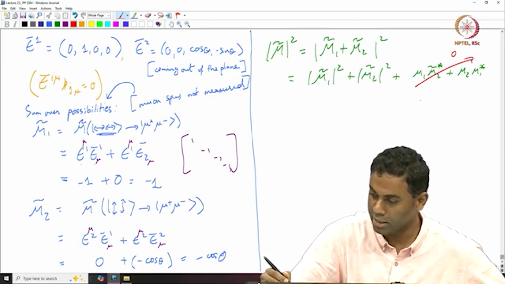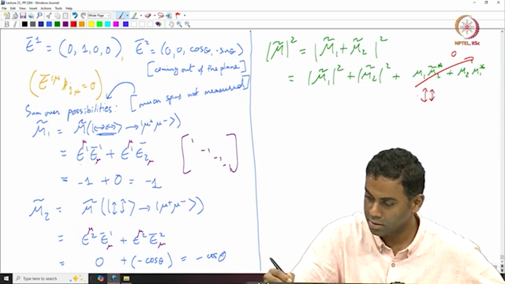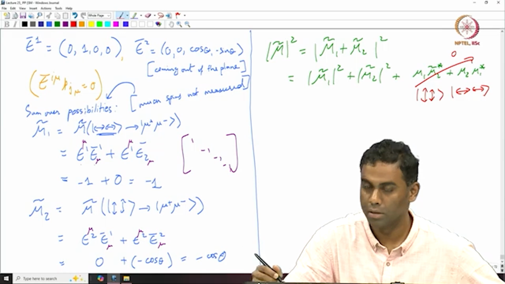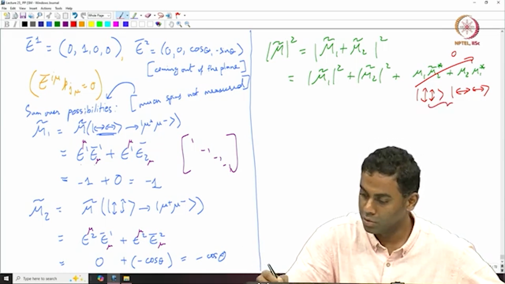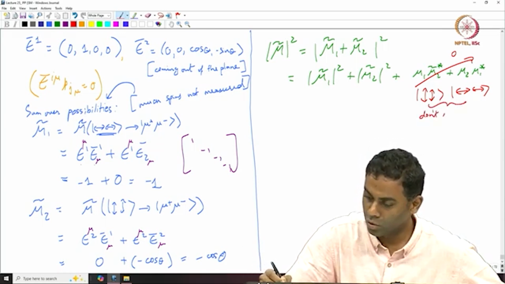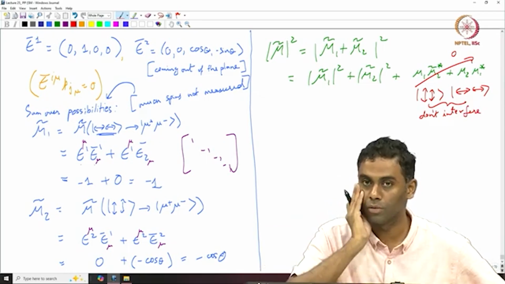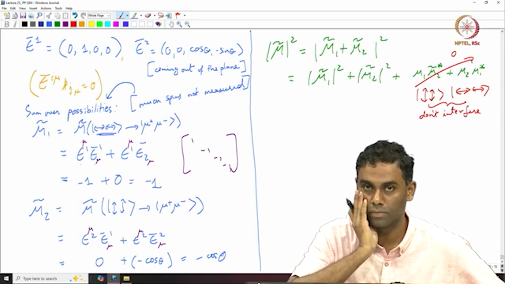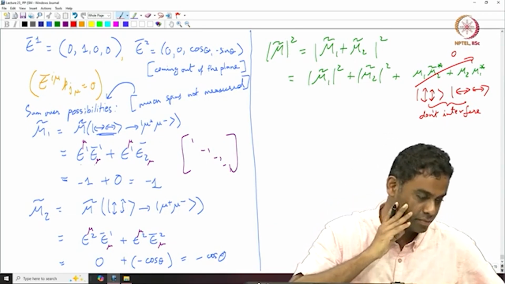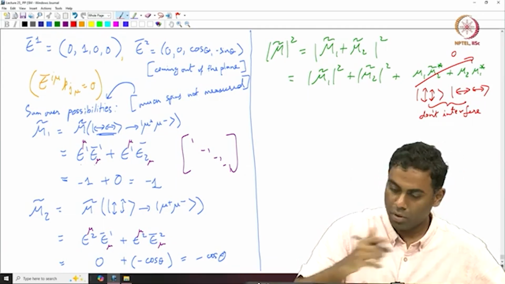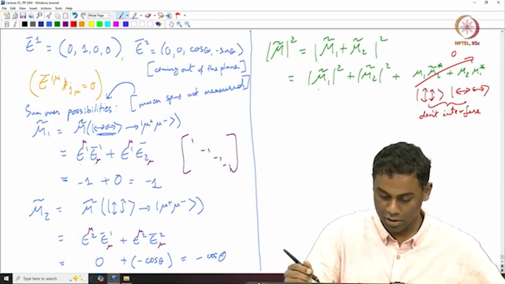These two states that we are considering don't interfere, so clearly that has to be 0. Very good. So I only consider these two.